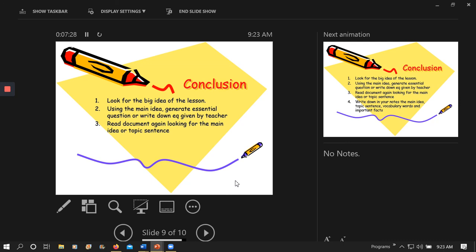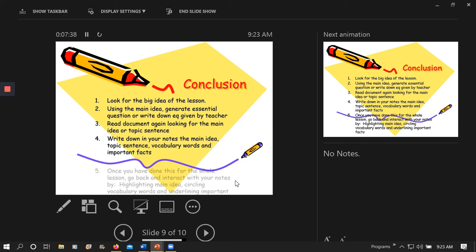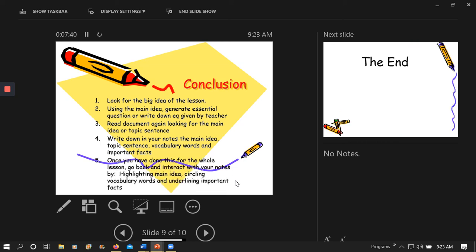That's why I said the document. Write down in your notes the main idea, topic sentence, vocabulary words, and important facts. And once you've done that for the whole lesson, go back and interact with your notes by highlighting the main idea, circling vocabulary words, underlining important facts. That's it. 5 steps.